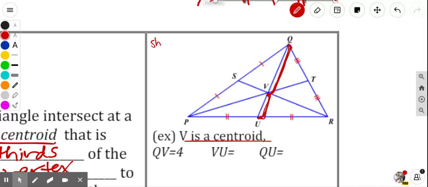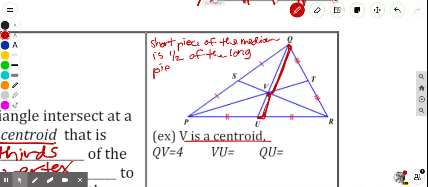So the short piece of the median is half of the long piece and 1/3 of the entire median.